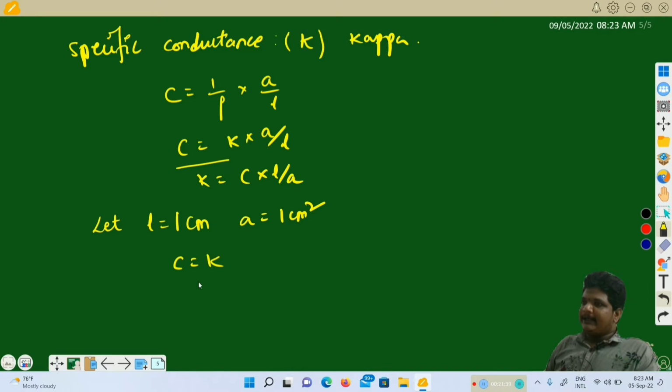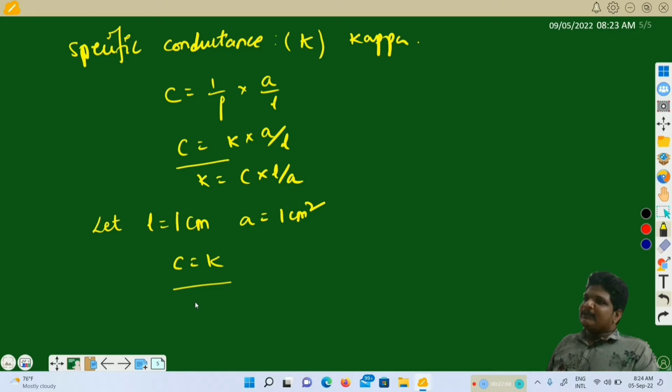Okay, so the specific conductance means the conductance offered by all the ions present in the 1 centimeter cube of electrolyte solution. So this is the significance of specific conductance. What is conductance? Conductance is nothing but the conducting power of all the ions present in the electrolyte solution.